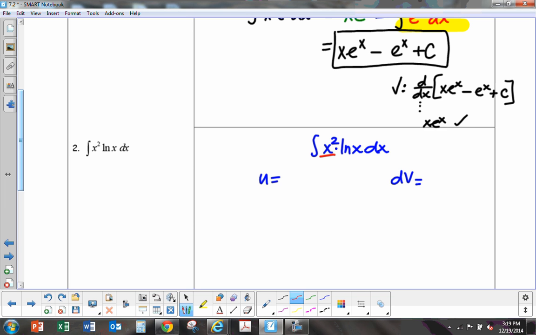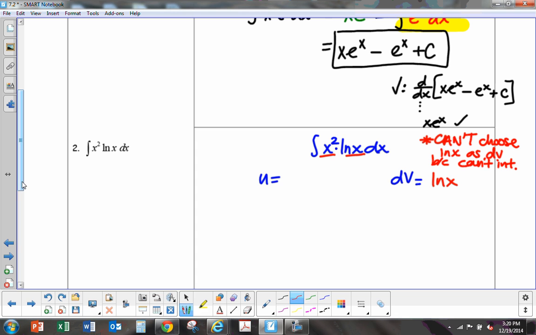If I try to pick natural log of x for dv, we don't know how to integrate natural log of x. So I can't choose ln of x as my dv because I can't integrate it.